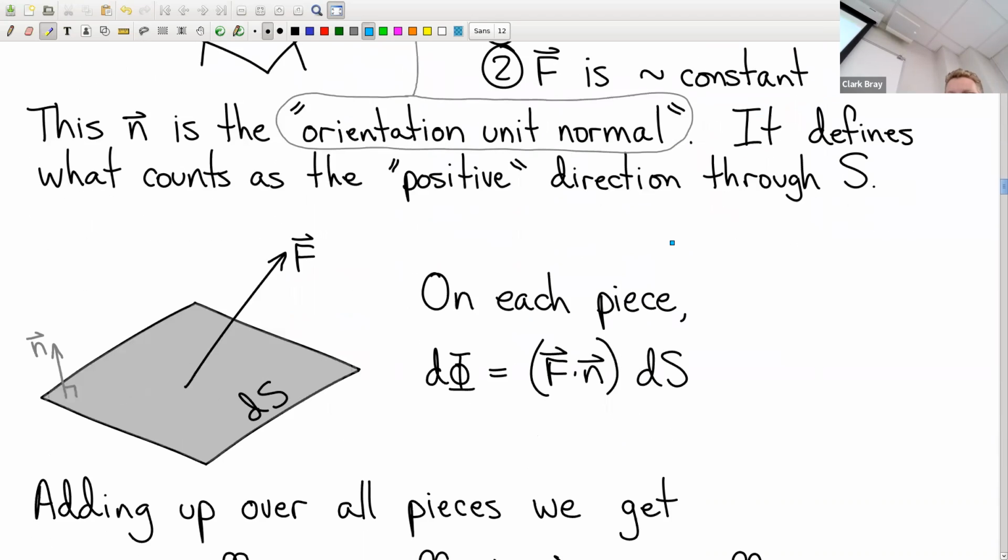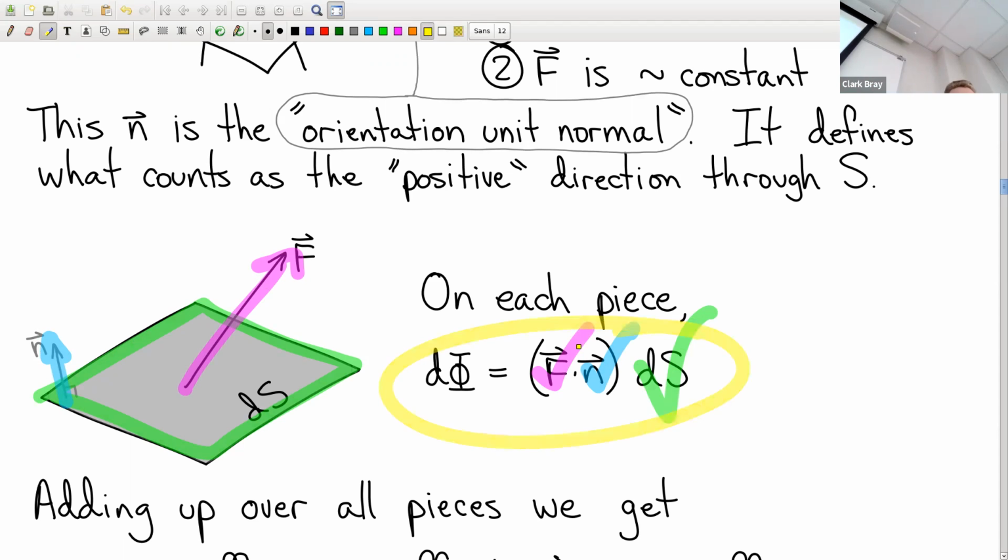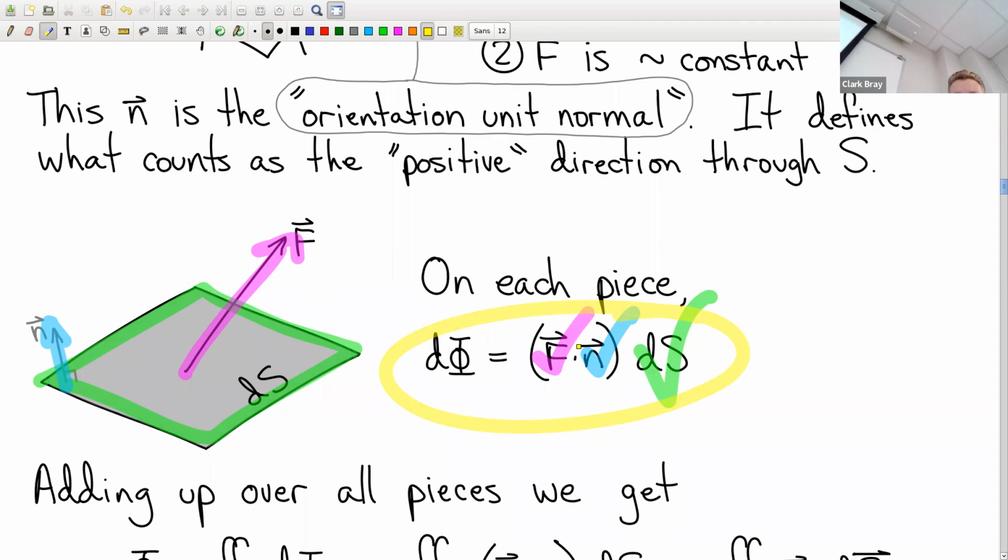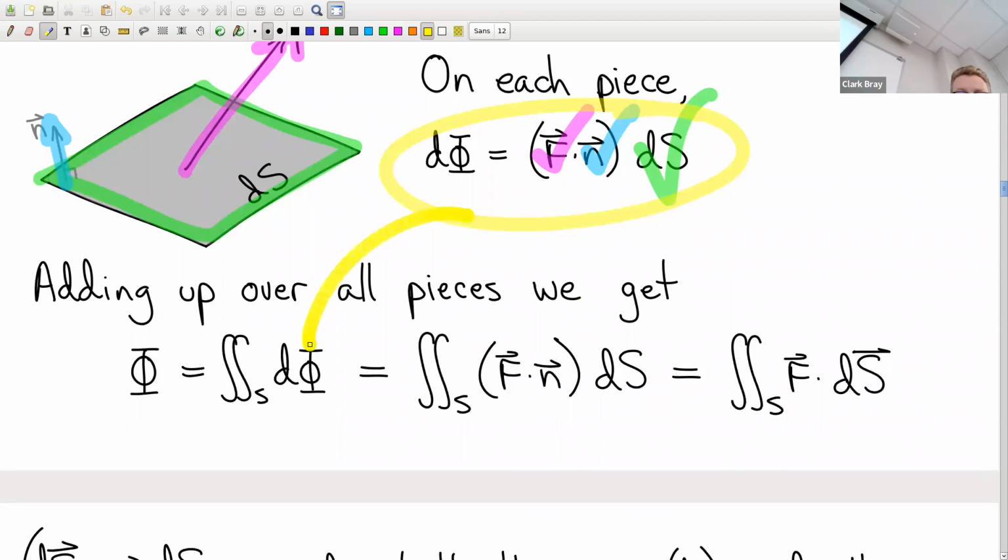Okay, so chop it up, add it up on each little piece. We've got a simple story, again, on each little piece. It's approximately flat, so I can just talk about the surface area. The normal vector is approximately constant, so that's cool. The vector field is approximately constant, and so I can just use the old formula. Flux is just adding up all the little bitty pieces of flux. And so this is something we can just straight up do.